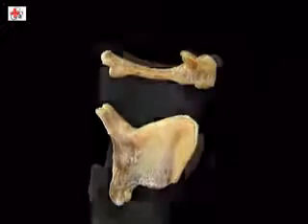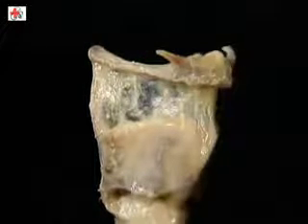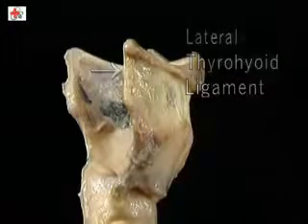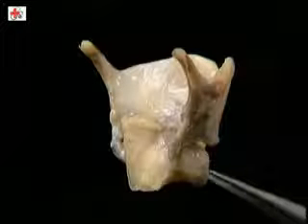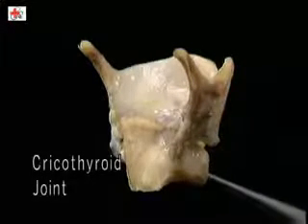The thyroid cartilage is suspended from the hyoid bone by this membrane, the thyrohyoid membrane. On each side, the posterior part of the membrane is thickened, forming the lateral thyrohyoid ligament. The inferior horn of the thyroid cartilage articulates with the cricoid cartilage at the cricothyroid joint.